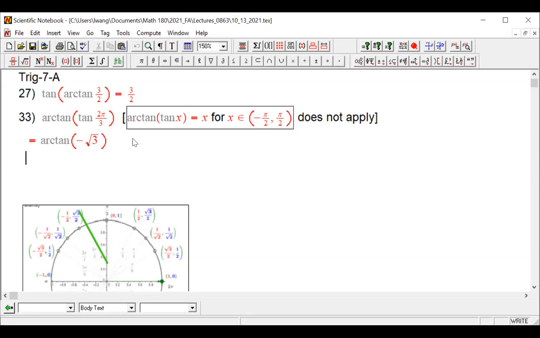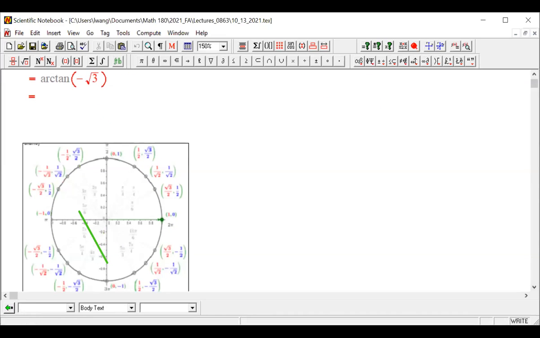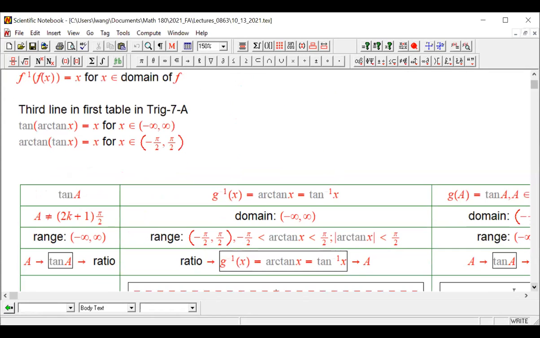Arctangent of negative square root of 3 is giving you an angle. So we should expect an angle, but where should this angle be? This angle should be in the range of arctangent. What is the range of arctangent? Between negative pi over 2 and pi over 2. All of these are different forms of writing them.